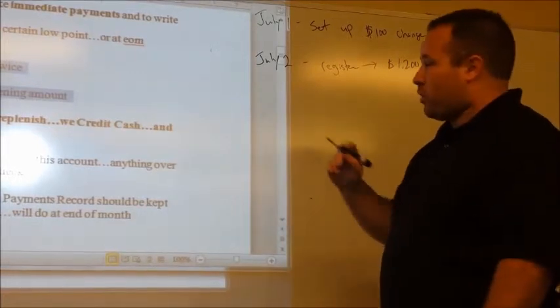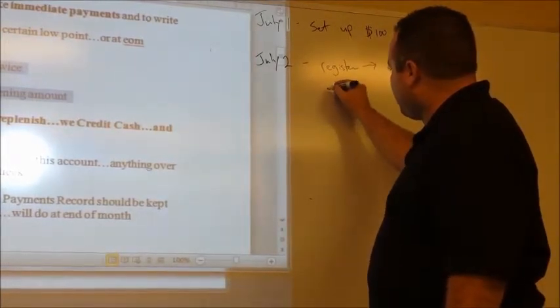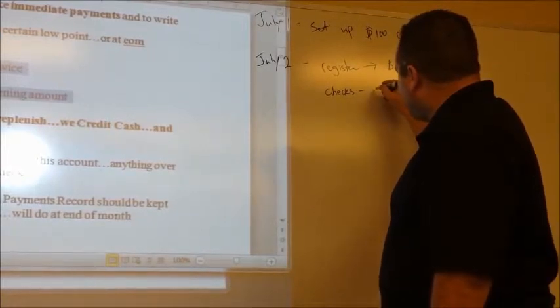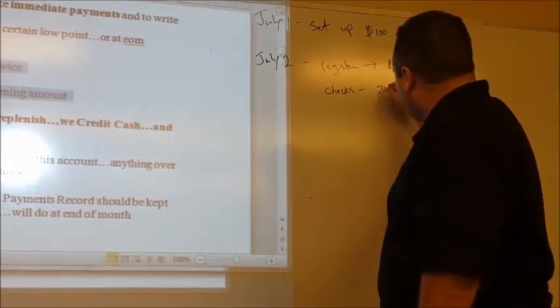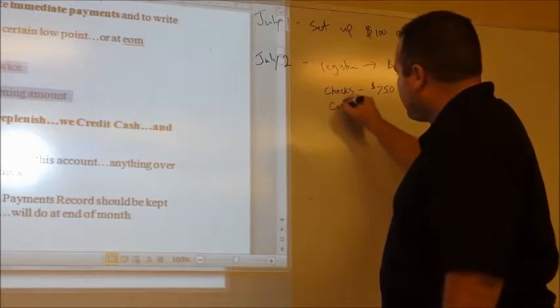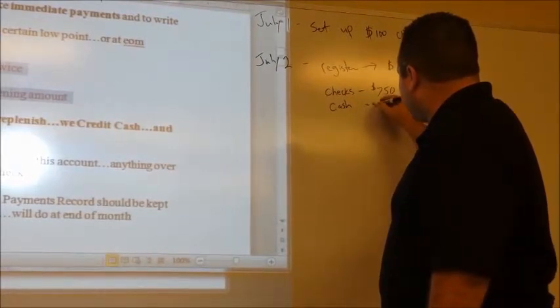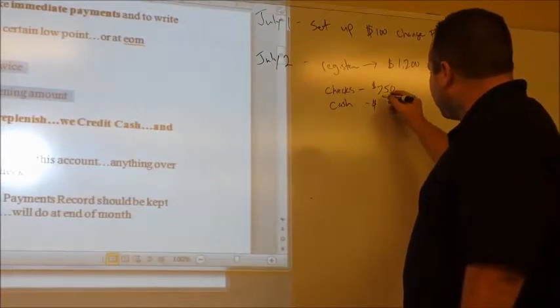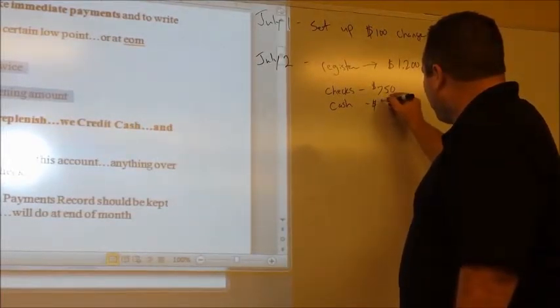And I go to the drawer and I'm counting the drawer. I have checks that total 750, cash that totals, let's say, 475.